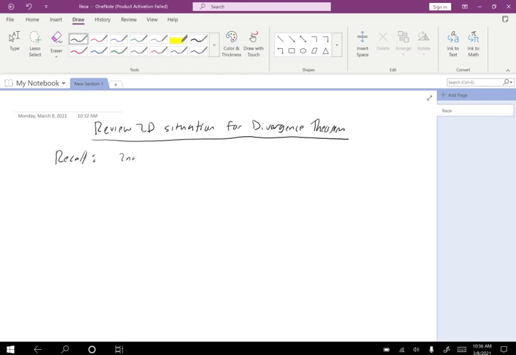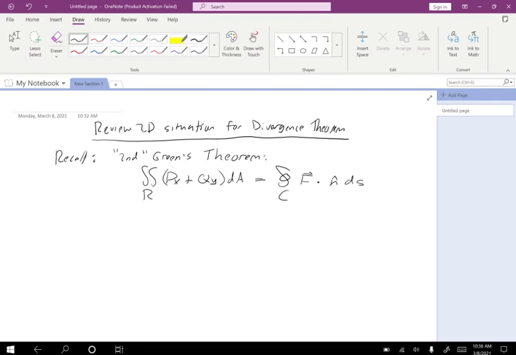It's really the second Green's theorem. And by second, I mean this version. It looks sort of like this. It was Px plus Qy, and this was equal to some integral of F dot n ds.